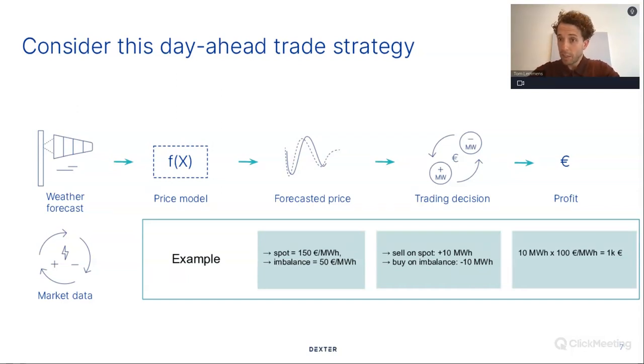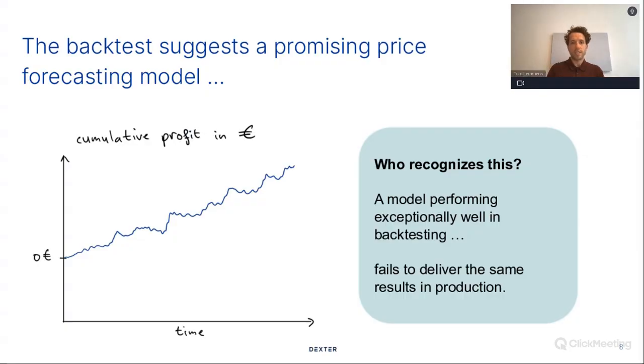The expected profit based on this is 10 megawatt hours times 100 euros profit, which equals 1K. Looks good, right? The backtest for this strategy actually looks promising. As you see in this graph, the cumulative profit over time is steadily increasing. I would say this looks really good.